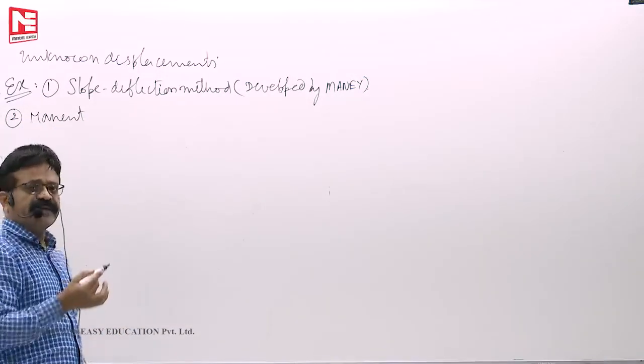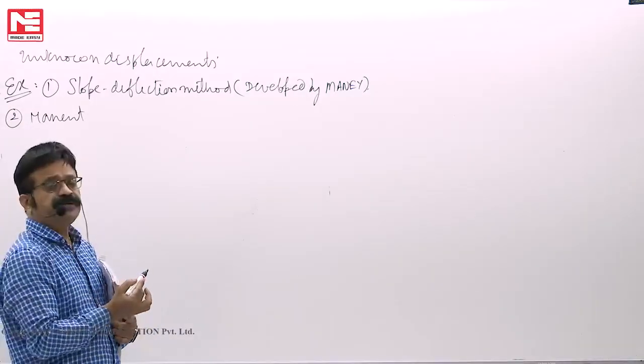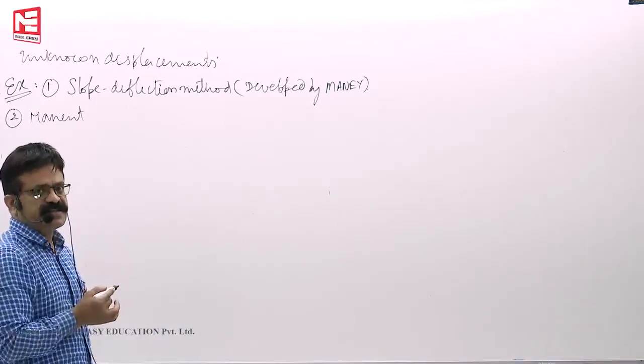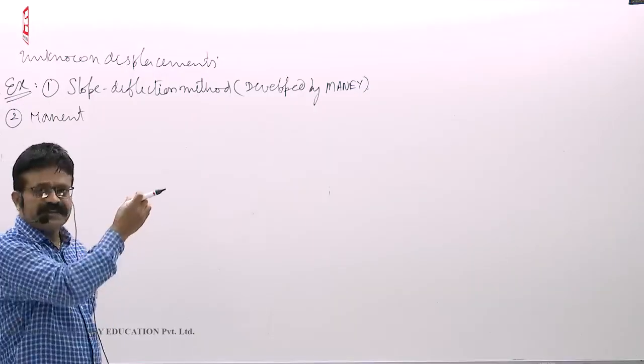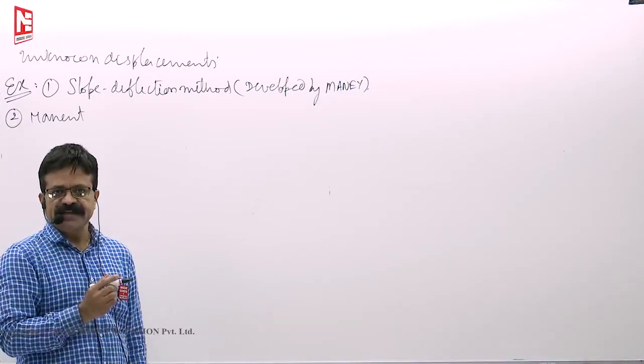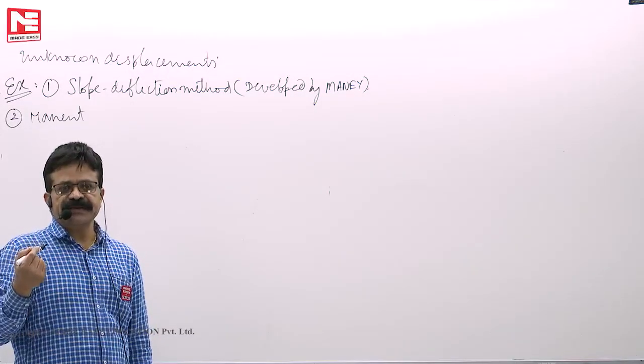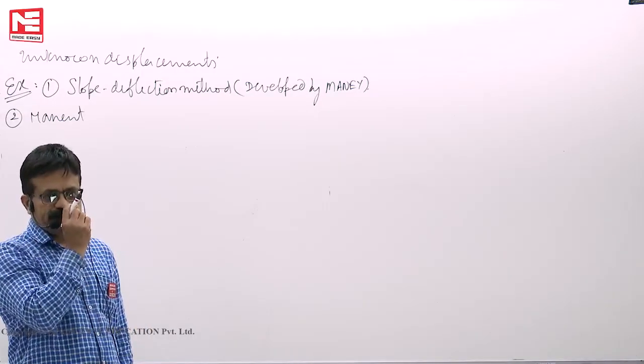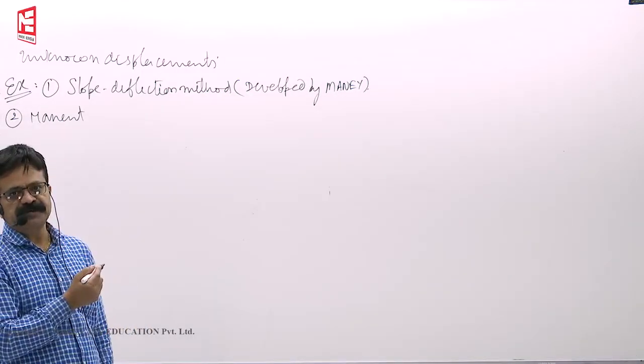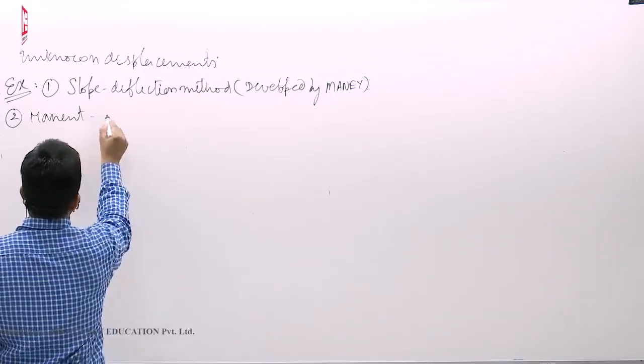When computers were not there, in the 1960s, the slope deflection method gave you 10 simultaneous equations, and solving 10 simultaneous equations used to take a lot of time. So Hardy Cross came into the picture and developed the moment distribution method.